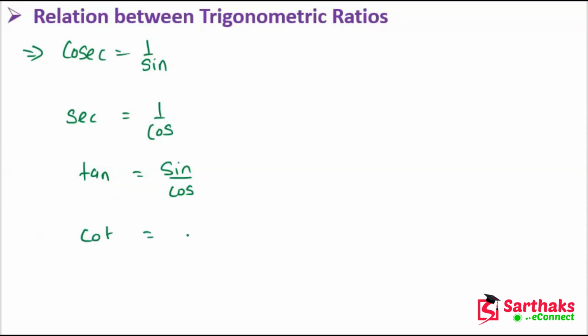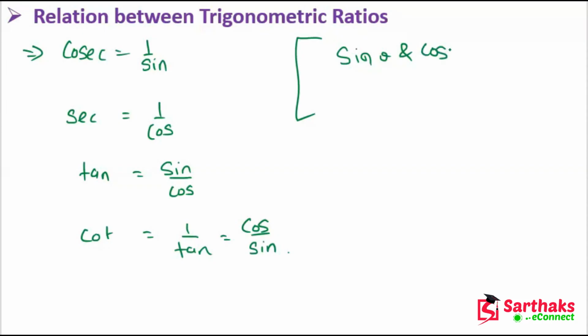Cot is 1 upon tan, which means cos upon sine. If we know the values of sine theta and cos theta, we can easily find the values of all the ratios. I hope you understand these things. Let's move on.